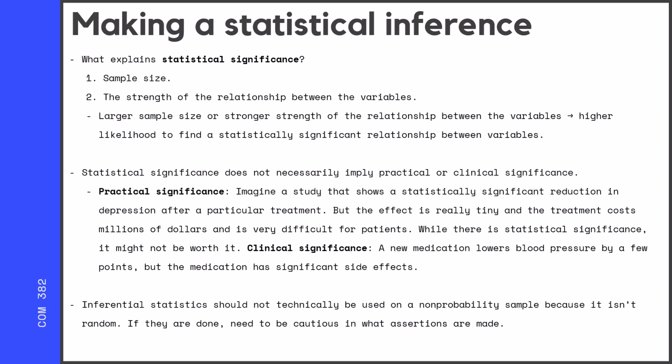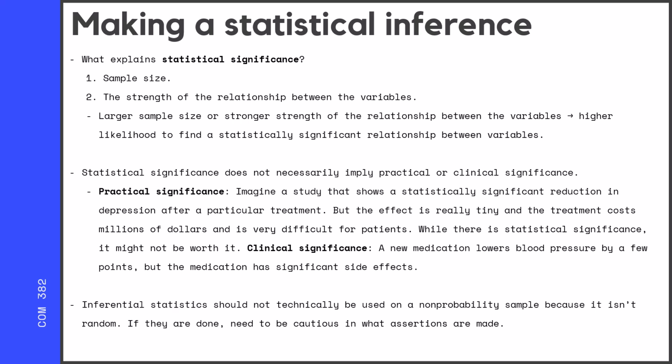Practical significance means that it doesn't actually really matter. So imagine that a study shows a statistically significant reduction in depression after a treatment, but the effect is really tiny and the treatment costs millions of dollars and it's really hard for people to go through this treatment. So even though there was statistical significance, this study might not have practical significance because it might not be worth doing.